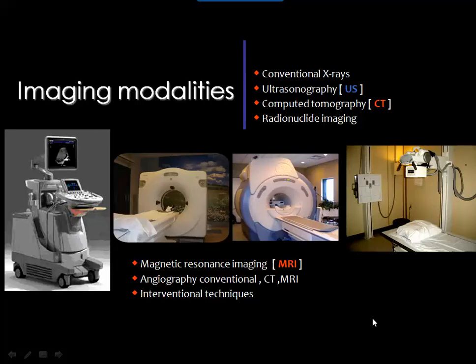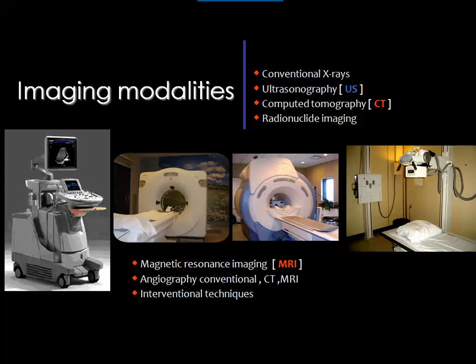As you all know, there are a lot of imaging modalities for evaluation of the renal tract, and these modalities include conventional radiography, ultrasound, CT, and MRI. And now we also have the angiographic techniques, which are usually performed by CT and MRI, and many of the interventional techniques that can help in diagnosis and therapy.